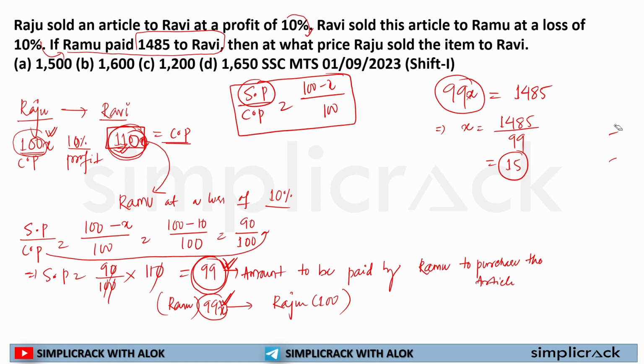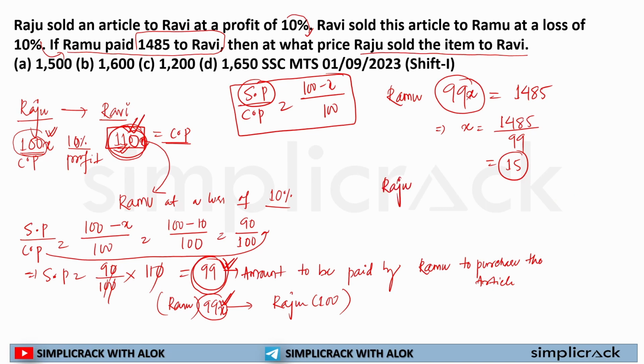See, in this case 99x was the cost price of Ramu, but we have to find out what price Raju sold them to Ravi. At what price Raju sold it to Ravi? At 110x.